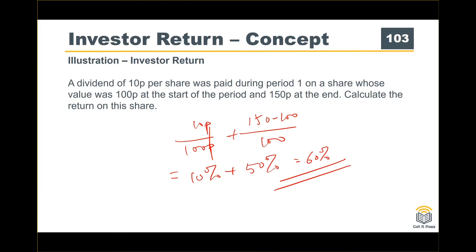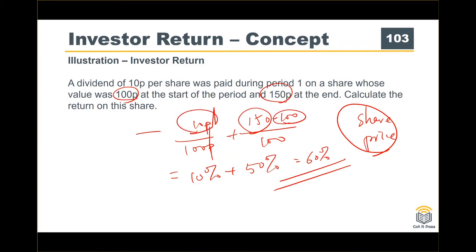So here we understand the share price, 150, and also 100. This is the share price. We can find the share price in the market movement. The share price is just moving every day. But the dividend is quite stable.